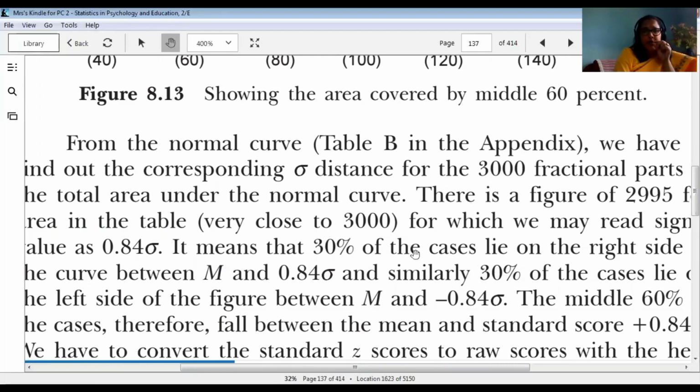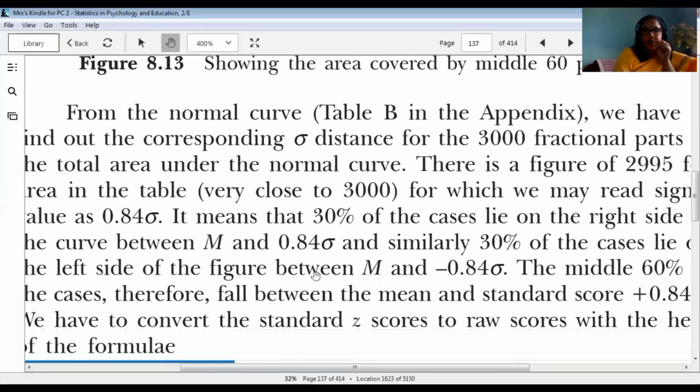And what we found from the normal curve table is that for 30% of cases, the sigma value will be 0.84 sigma. So this will lie on both sides of the mean, at the positive side of the mean and at the negative side of the mean.